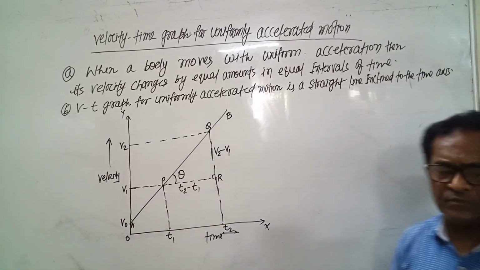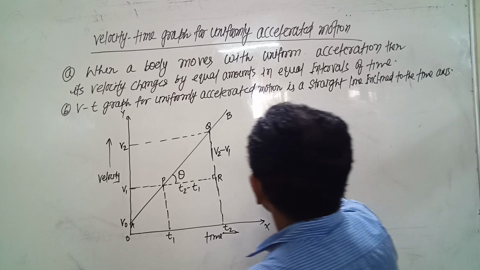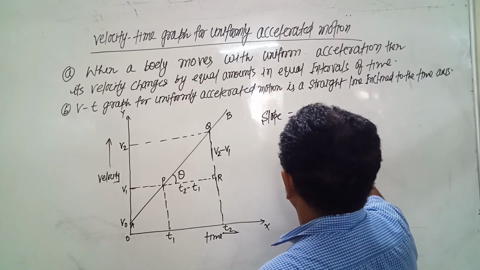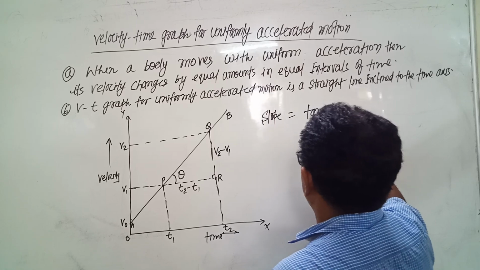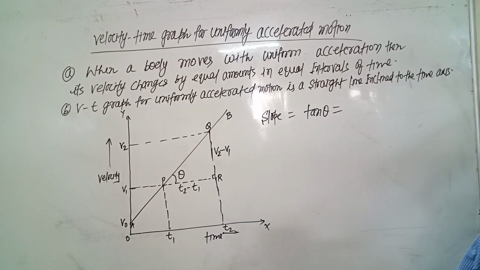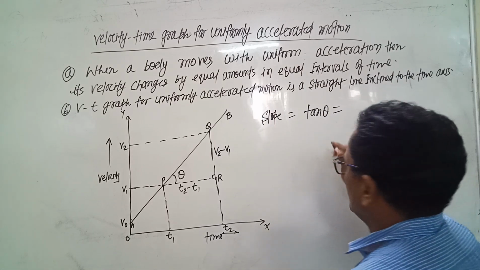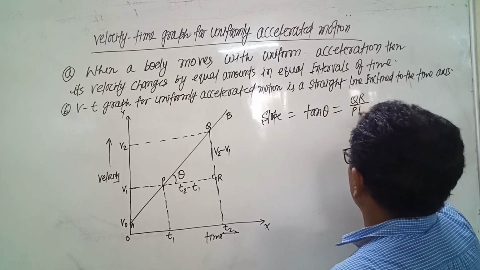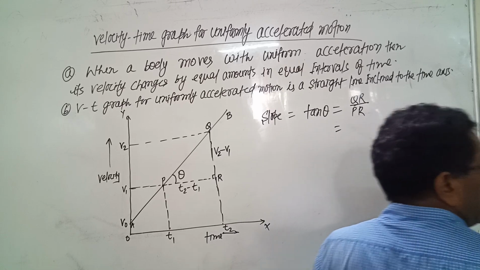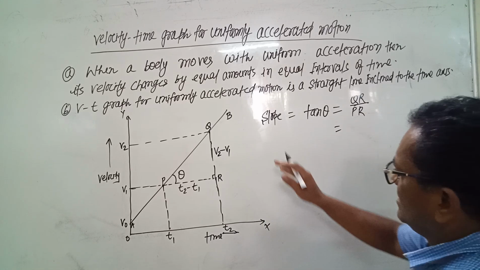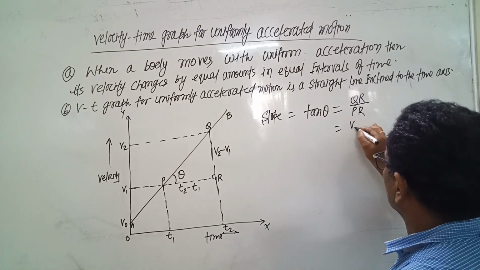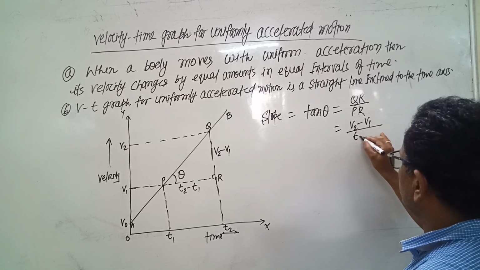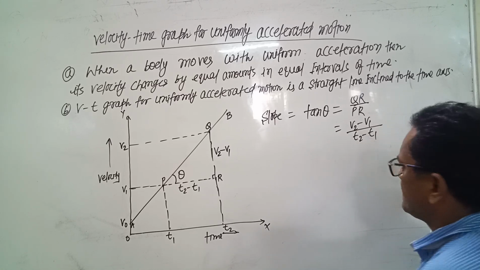Now, slope of this graph. We know slope of graph is given by tan theta, and tan theta equals perpendicular upon base, means QR upon PR. QR is V2 minus V1 and PR is T2 minus T1.